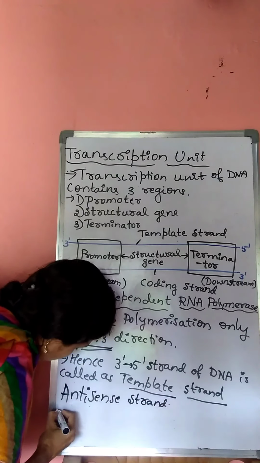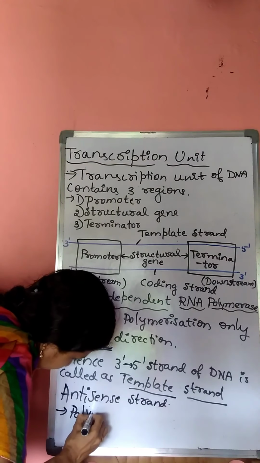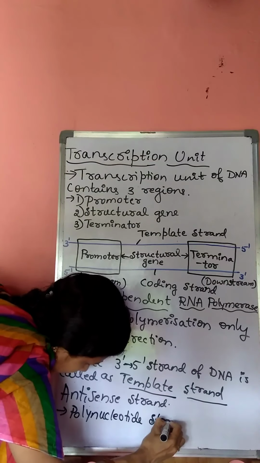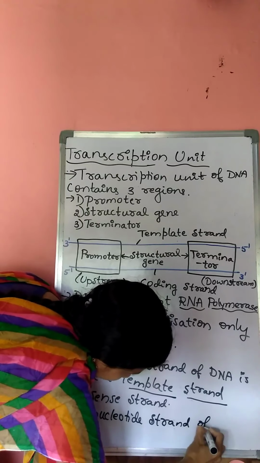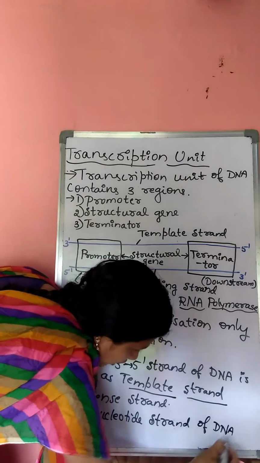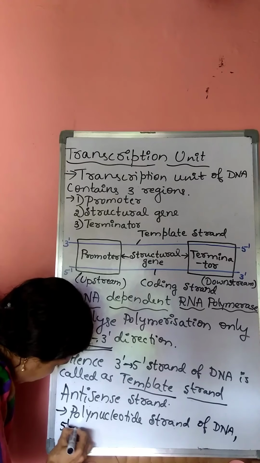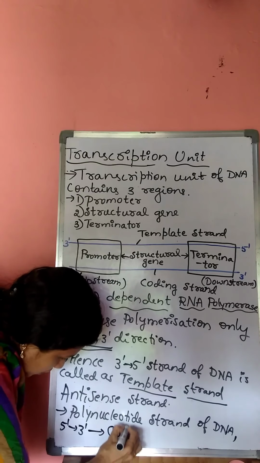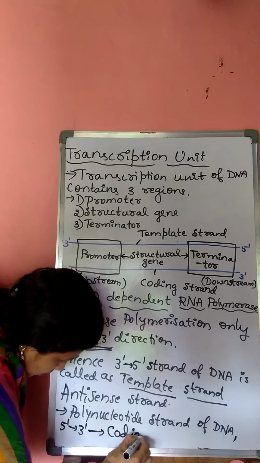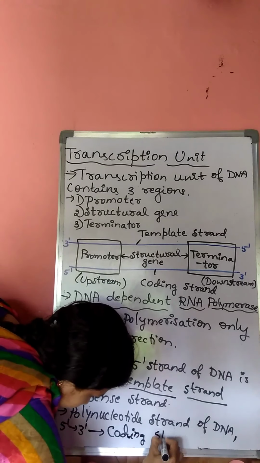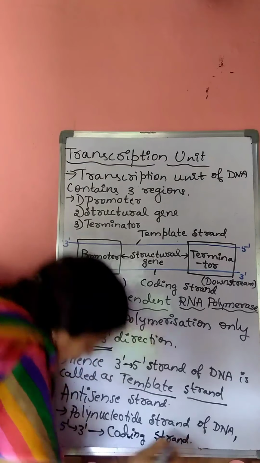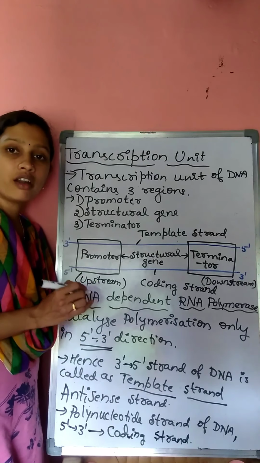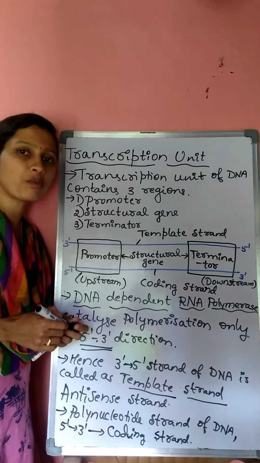Whereas the polynucleotide strand of DNA having polarity 5' to 3' is called coding strand. This coding strand does not involve in the transcription process.